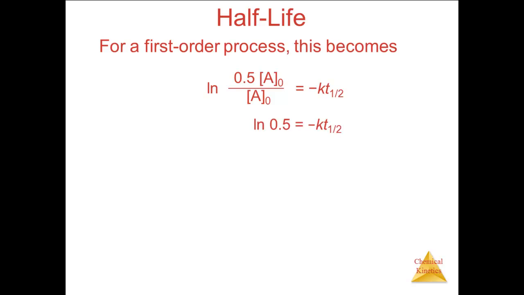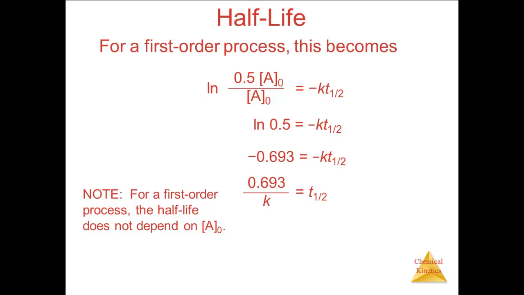This simplifies to natural log of 0.5 equals minus K times the half-life. The natural log of 0.5 is minus 0.693, so this becomes minus 0.693 equals minus K times the half-life, and 0.693 over K equals the half-life.